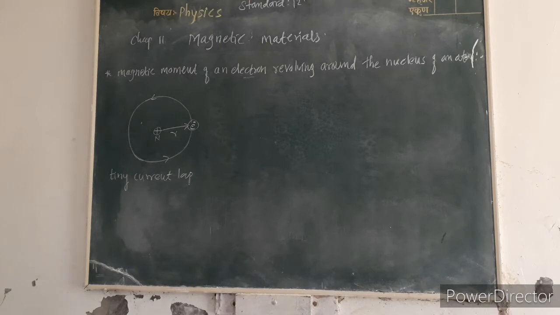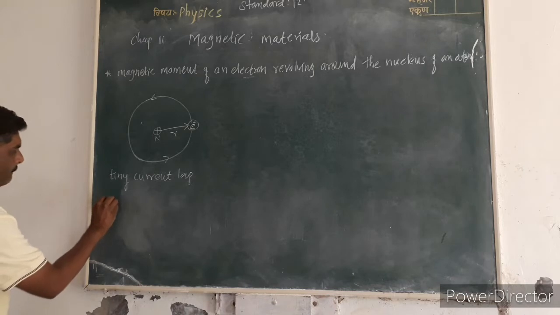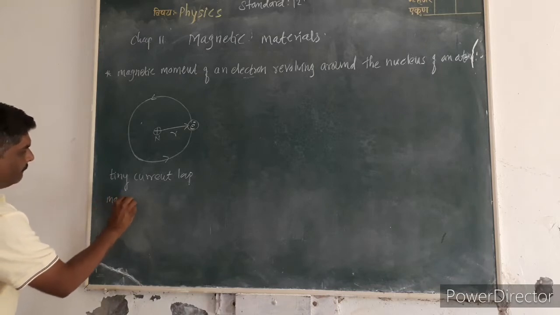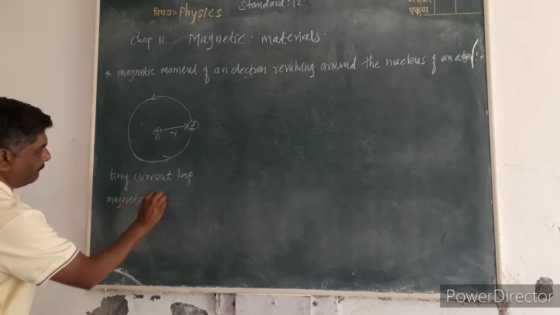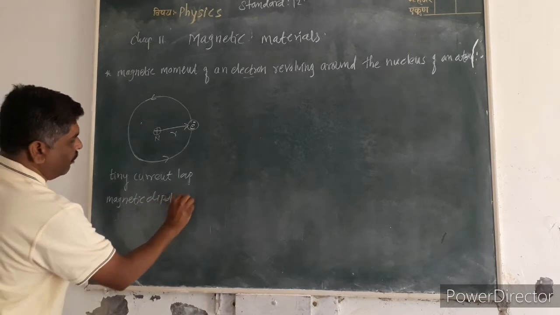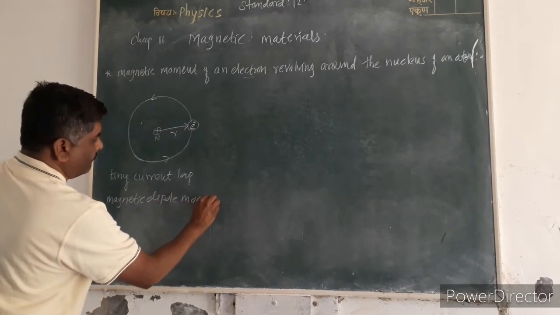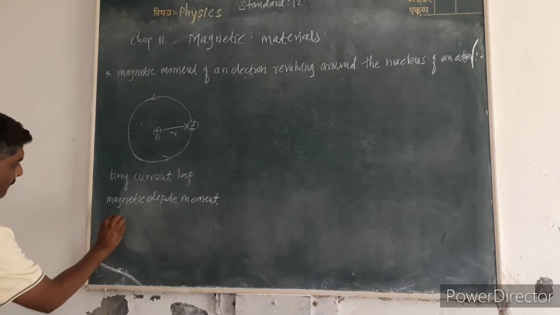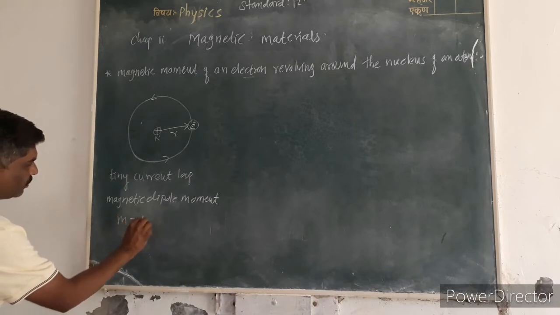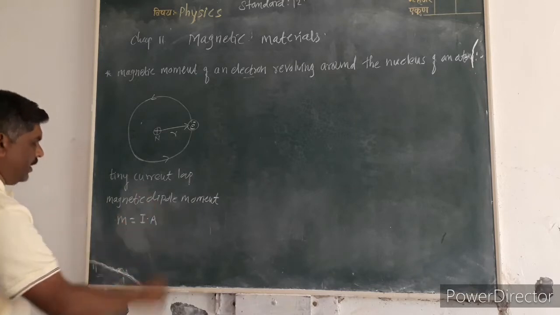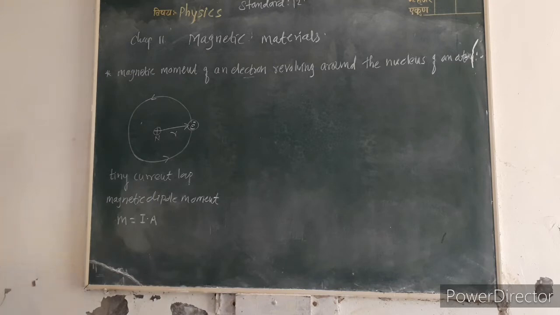Then the magnetic dipole moment will be M is equal to I into A, where I means current and A means area.